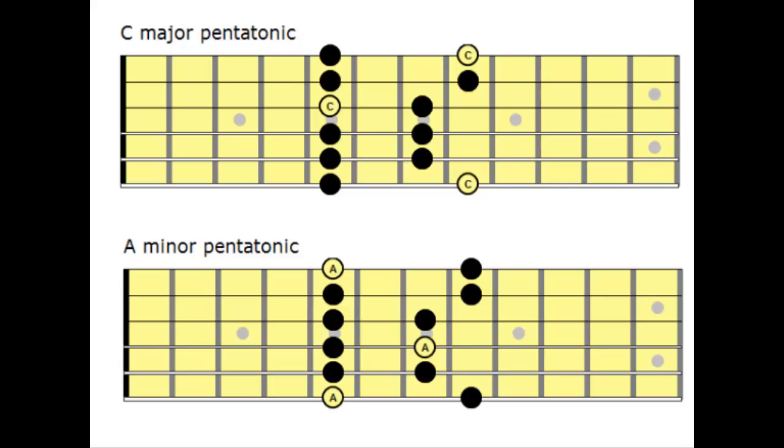The trick is to think of these scales as tools in our musical toolbox. We use different types of tools for different jobs, and in the same way we use different pentatonic scales for different styles of music. So let's take a closer look and see just exactly how you'd apply these two types of pentatonic scales.